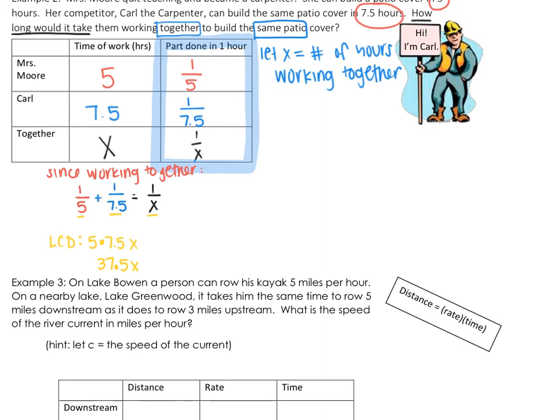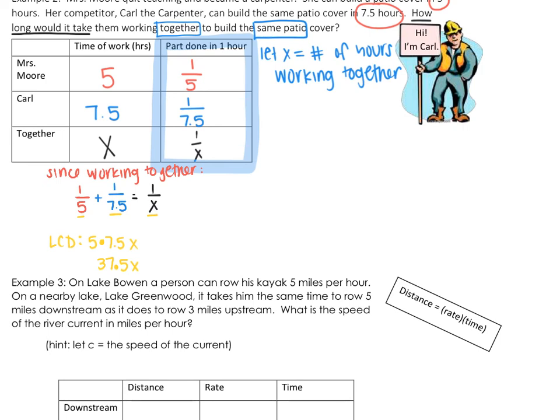That's my LCD. In this section, 7.5 is very similar to 7.4 in terms of solving, so I'm going to multiply every single thing by the LCD.